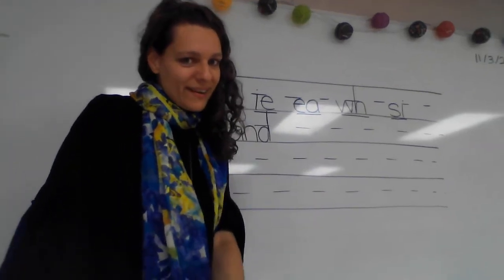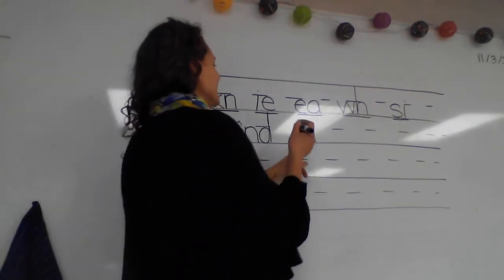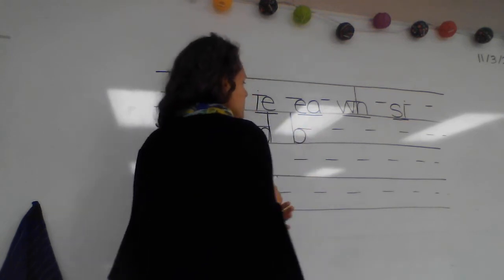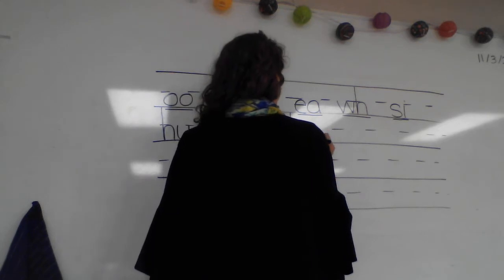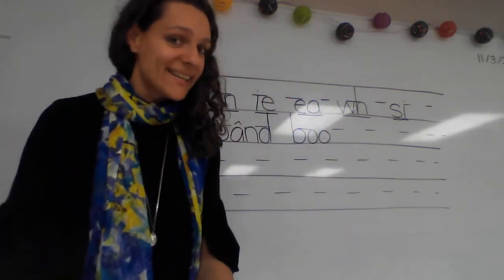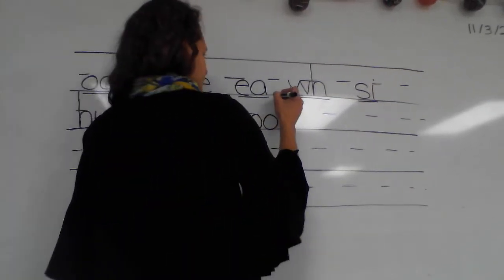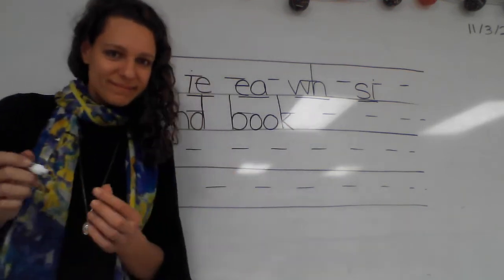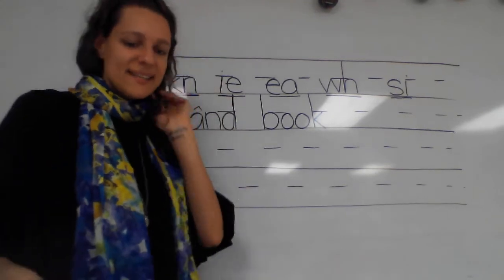All right, put your finger under the first phonogram in that word. What does it say? Good. B. What's next? Good. Oo. And good. The last sound is k. Which k? Good. Line letter k. All right.